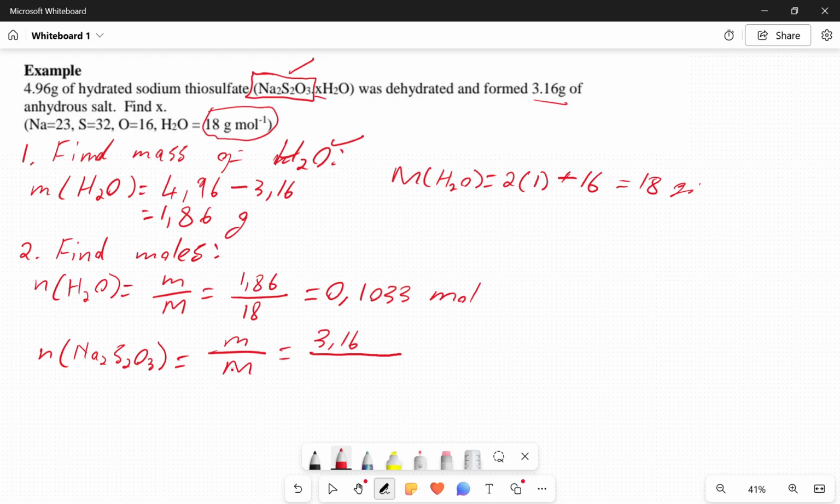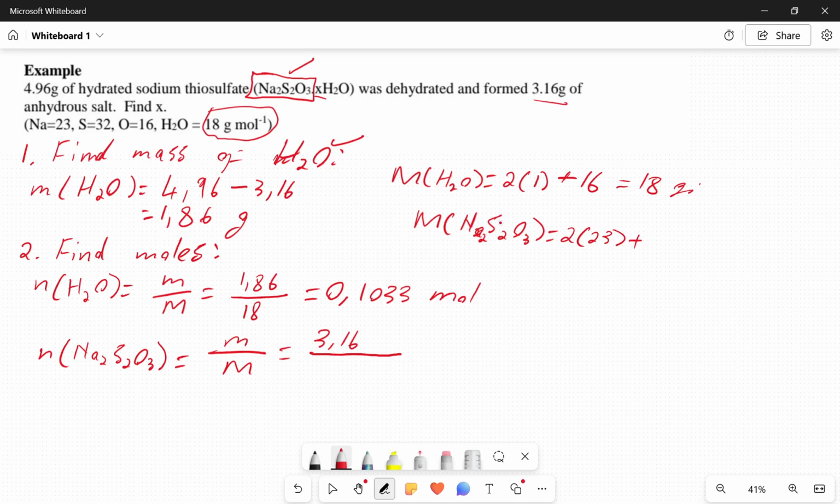And then I'm going to find the molar mass of that anhydrous. How do I find it? Say Na2S2O3 is equal to, how many sodium atoms do I have? 2 multiplied by the molar mass, which is 23.